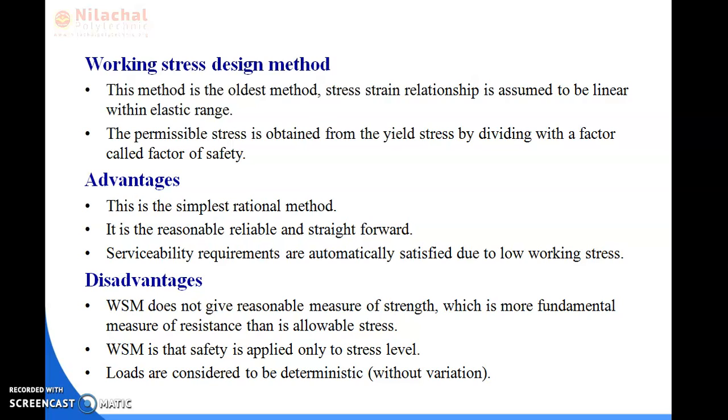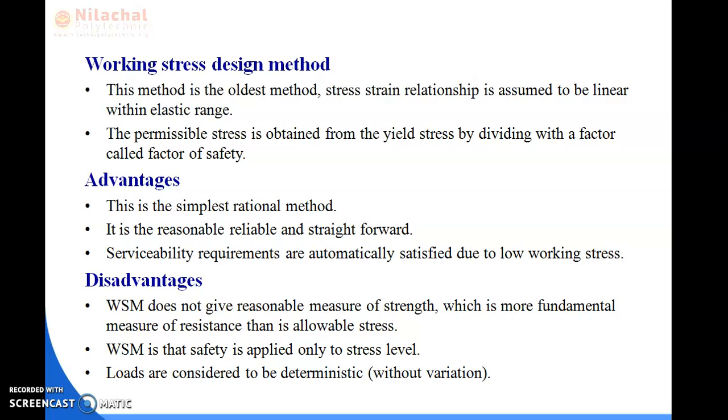So let's see the lacuna of the working stress design method. First of all, it does not give a reasonable measure of strength. As I said before, it is only applicable for serviceability, not for the strength of the structure, although strength is a more fundamental measure of resistance than allowable stress.